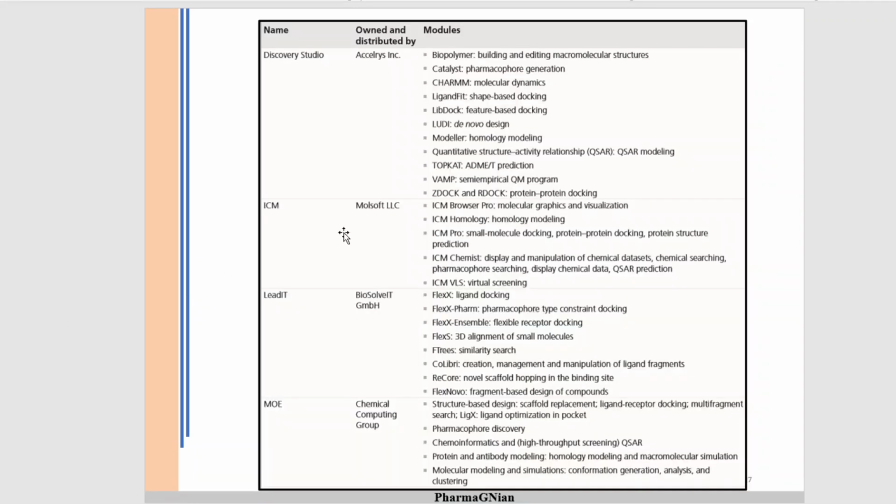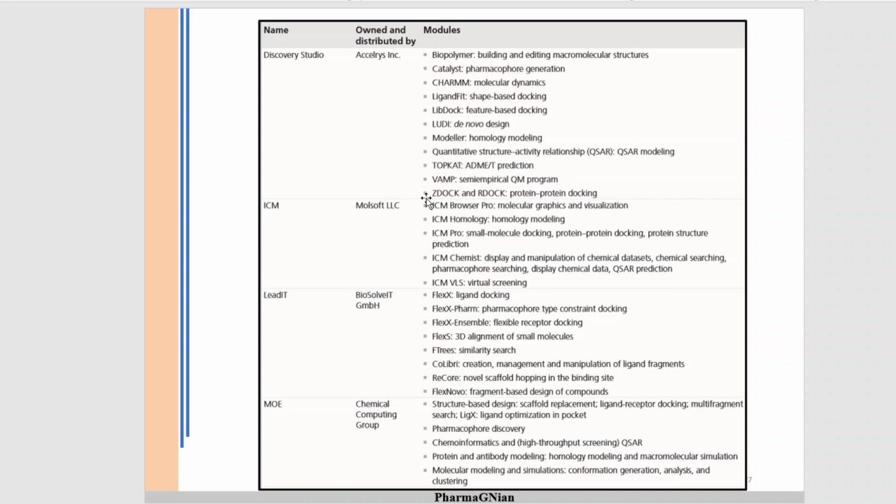Here I am going to combine all the softwares company wise. For example, Charmm is a software from Discovery Studio for molecular dynamics. See, one company has all types of software. TOPKAT is from Discovery Studio, which we already saw is for ADMET prediction.